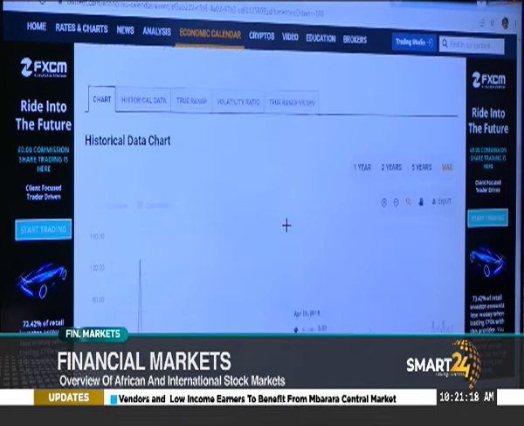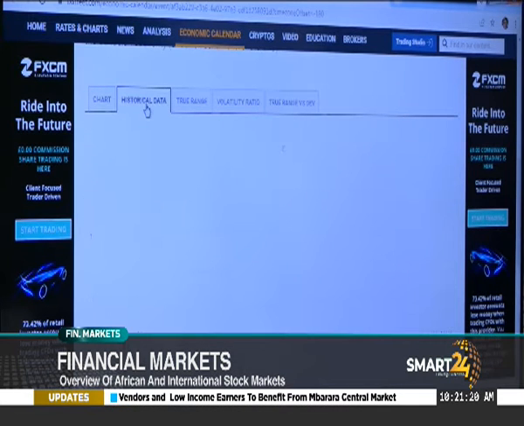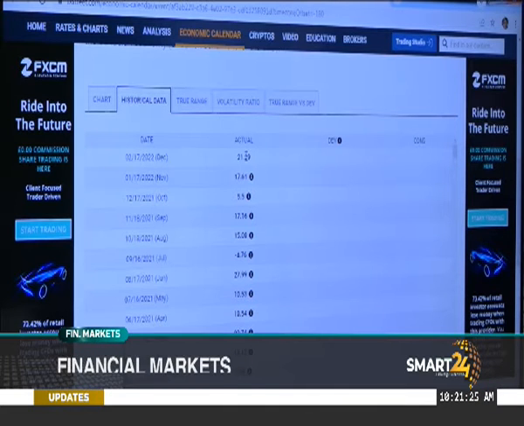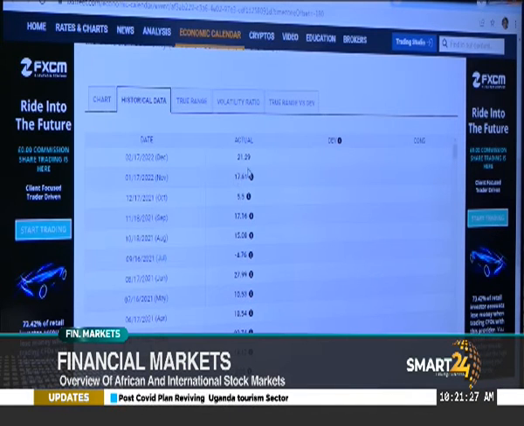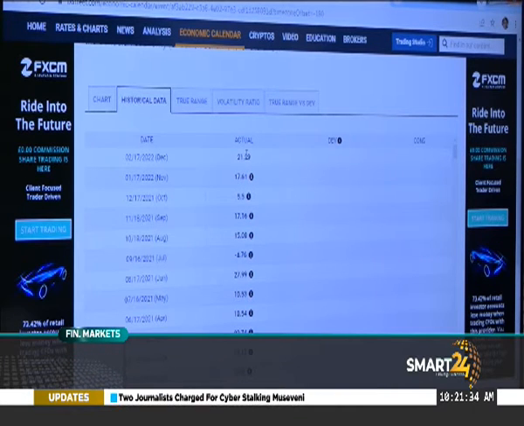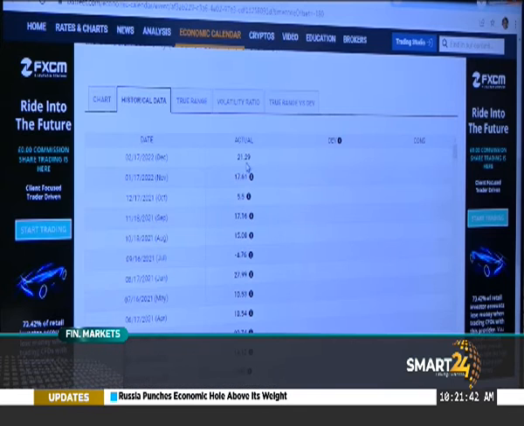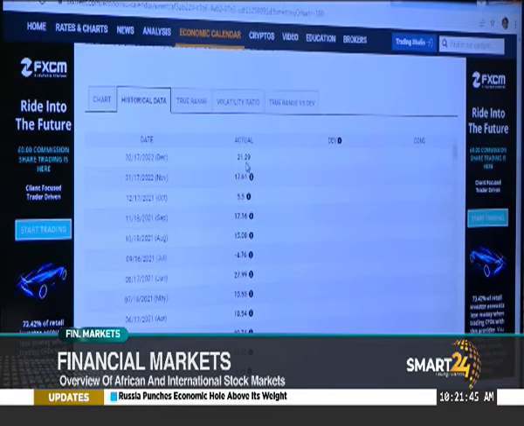If you look at the previous events, we can see there have been quite some changes from 5.5 to 17.61 to 21.29. So the improvement has been there. 21 being a previous figure, 21.29, it's not so bad.